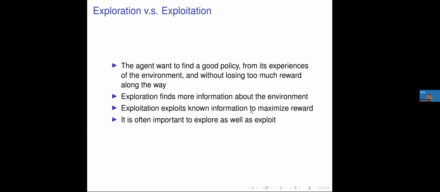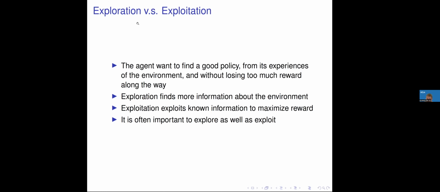So these two need to be balanced because if you just do exploration, then it may not converge to the optimal policy very quickly. Or if you just do exploitation, then the agent will find a suboptimal policy.